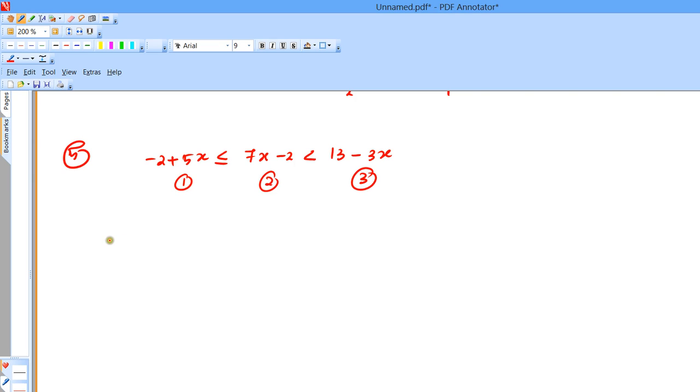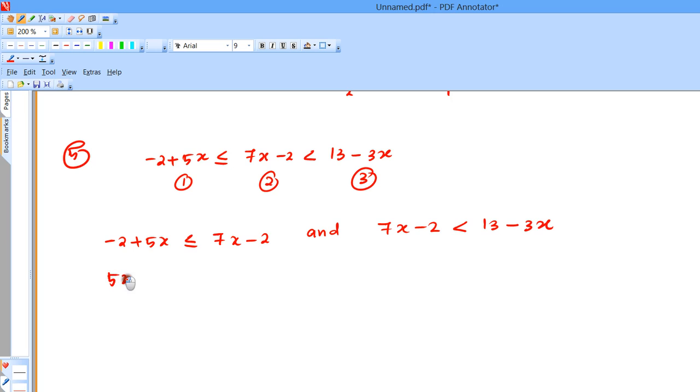So we get negative 2 plus 5x less than or equal to 7x minus 2, and 7x minus 2 less than 13 minus 3x. We solve the first inequality by bringing the terms with variables to one side and constants to the other.